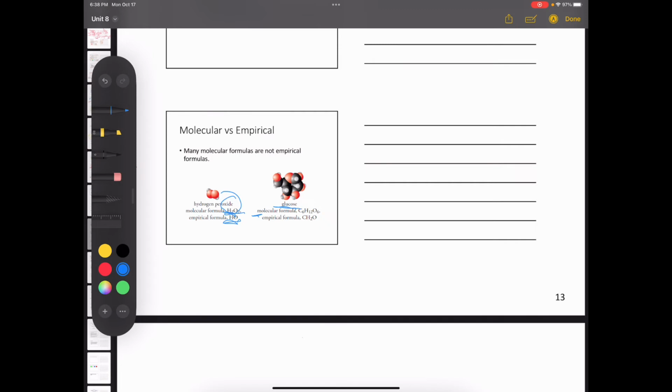So the molecular formula is serving the purpose of really telling us how many of each element I have within that chemical formula. Okay? Now, can I simplify this molecular formula into a simple ratio of carbon versus hydrogen versus oxygen?